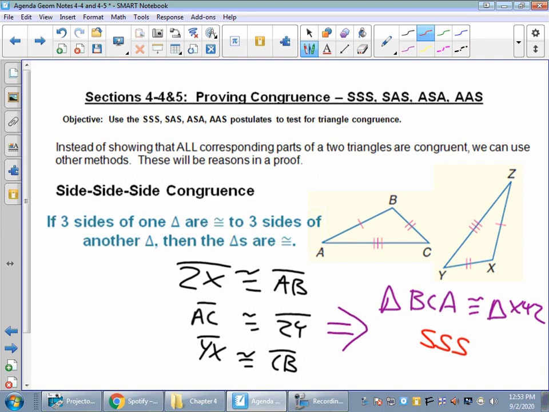Notice that this is where the order of your letters matters. When you list the congruent sides, you can jump from the first triangle to the second and vice versa, and that doesn't matter. But when you put it into the congruence statement, then the order matters. So that would be an easy side, side, side to show.